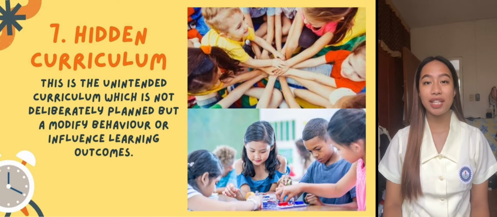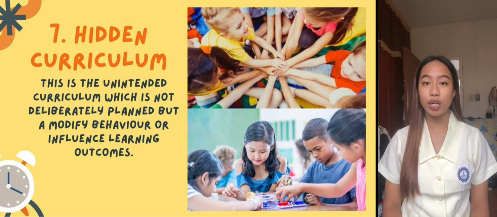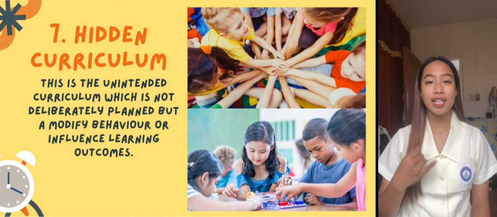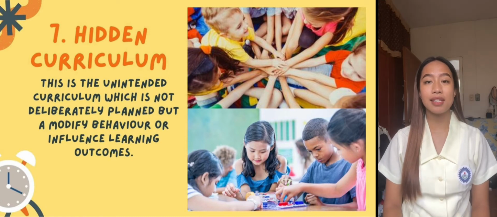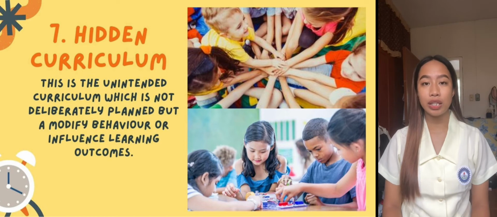Last, we have the hidden or implicit curriculum. It is called hidden because this type of curriculum is unwritten, unofficial, and sometimes consists of unintended lessons and outcomes that the students learn in school.